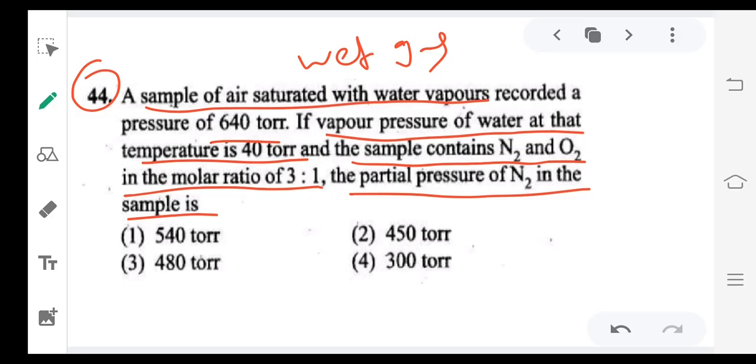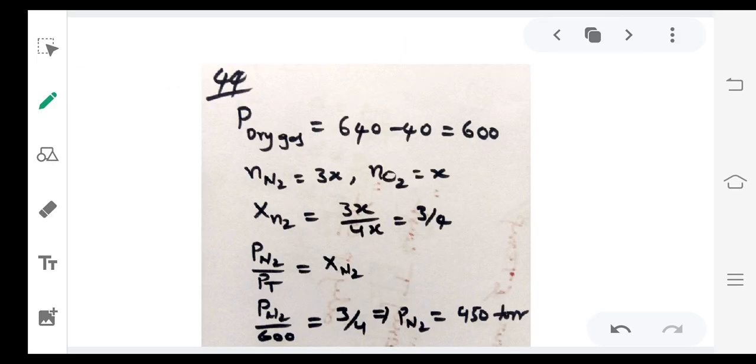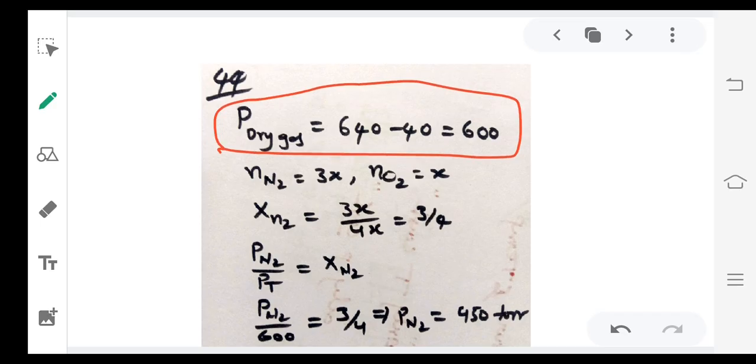So it is related to Dalton's law of partial pressure. According to Dalton's law of partial pressure, dry gas pressure always equals wet gas pressure minus aqueous tension, that is vapor pressure due to water vapor. So 640 is the wet gas pressure, aqueous tension or pressure due to water vapor is 40, so you will get 600 dry gas pressure. Dry gas means it contains N2 and O2.